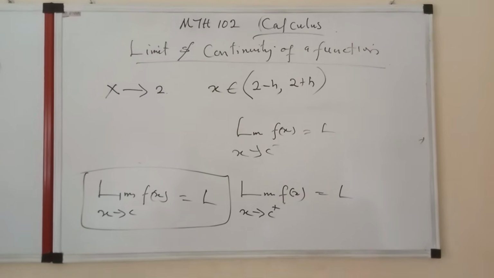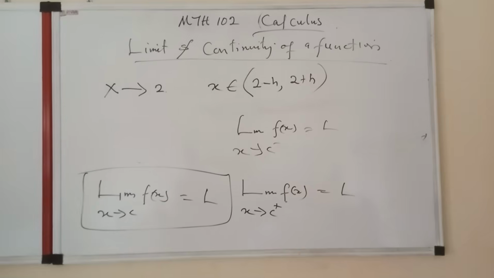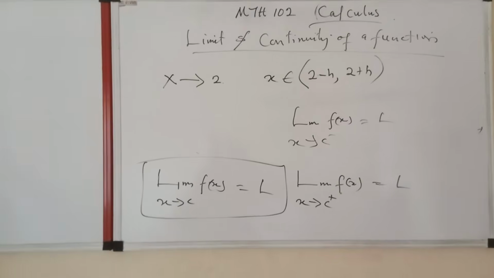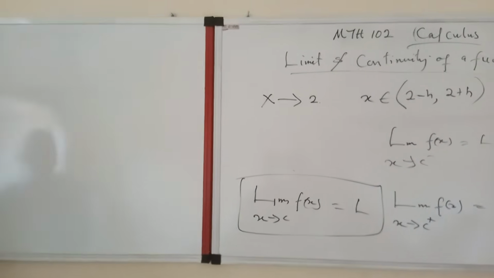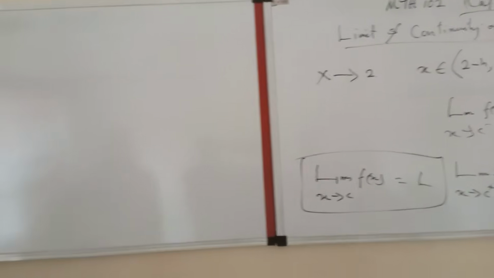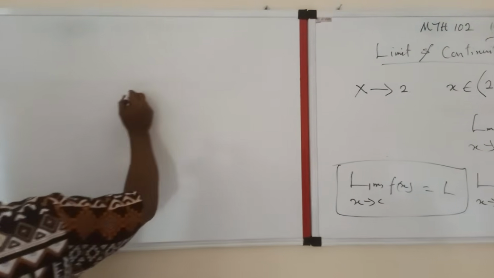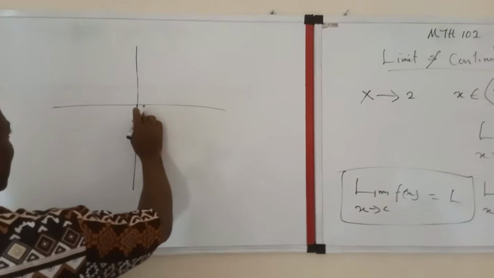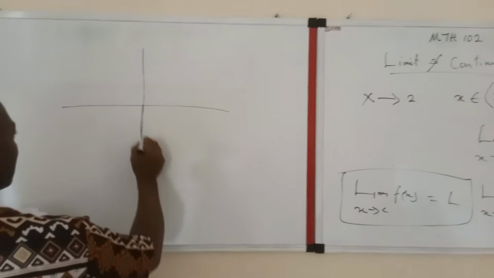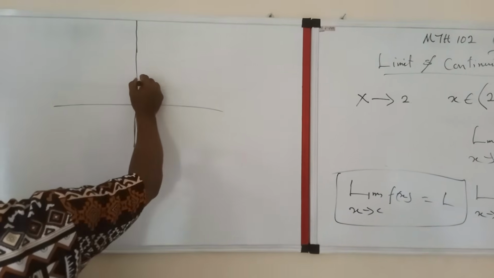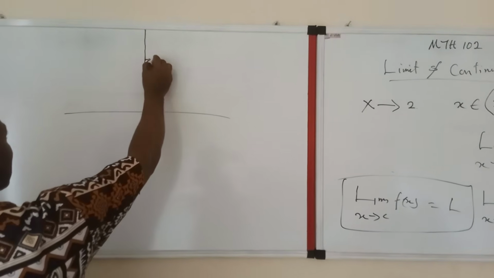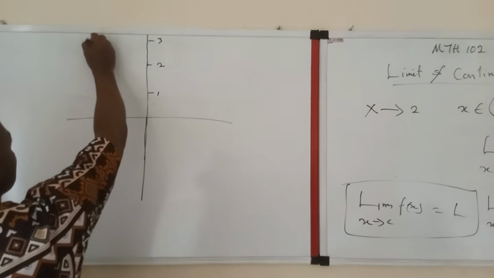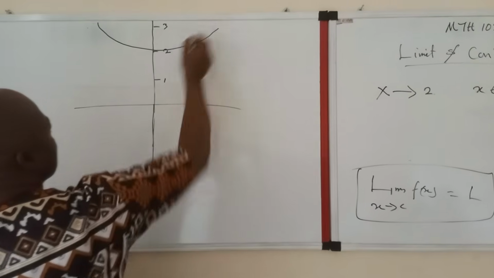So let's consider one example to see what we've been talking about. Let me give you graphically so that maybe you understand that one better. Now, if we have, say, this, here is 1, here is 2, here is 3, and we have a function that goes this way.